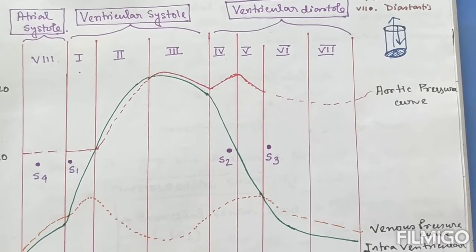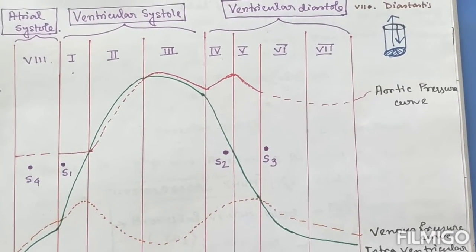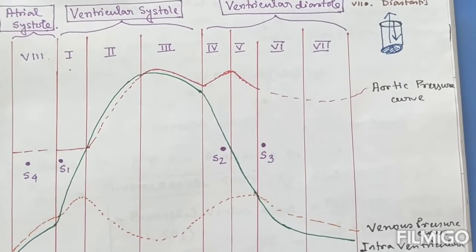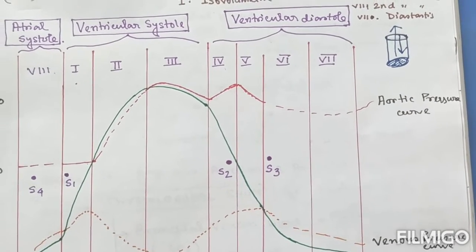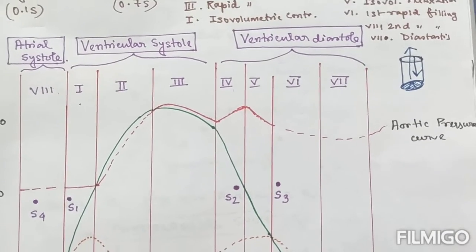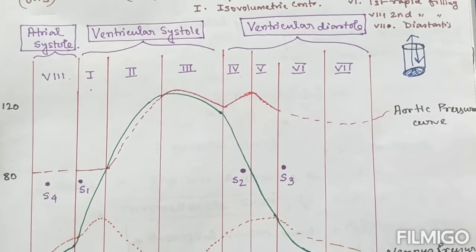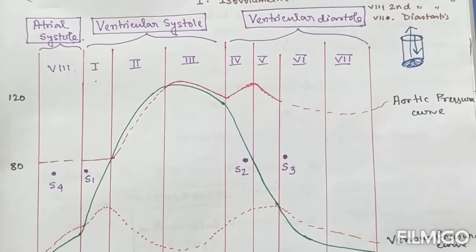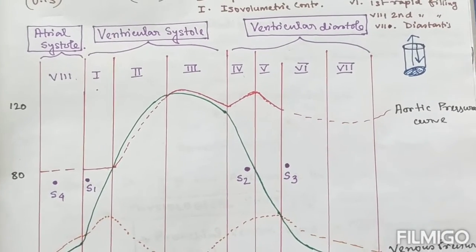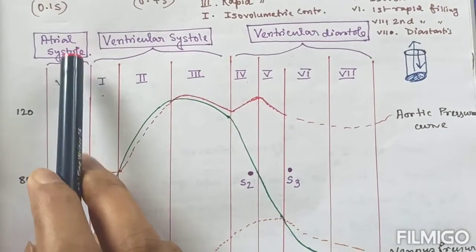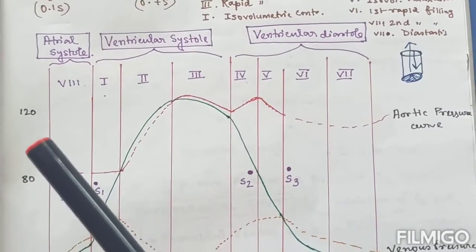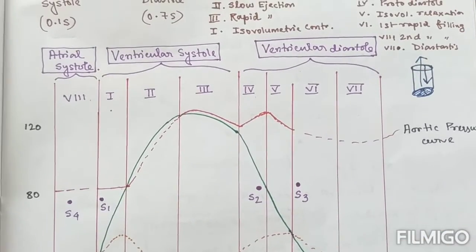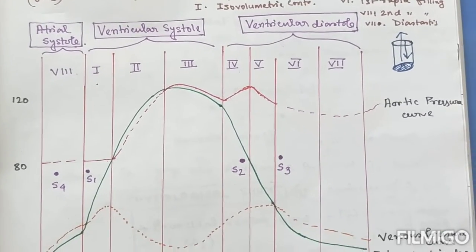Atrial systole causes blood entry from atrium to ventricle, and that is mostly due to gravitation. So we will mainly focus on the ventricular events, and here one important thing should be remembered: atrial systole coincides with the last phase of the ventricular diastole, that is the second rapid filling phase of ventricular diastole.